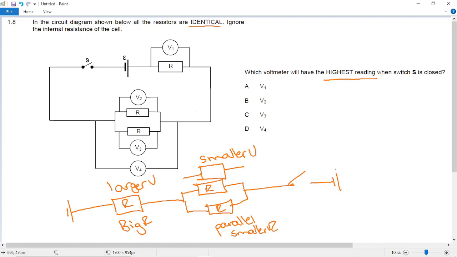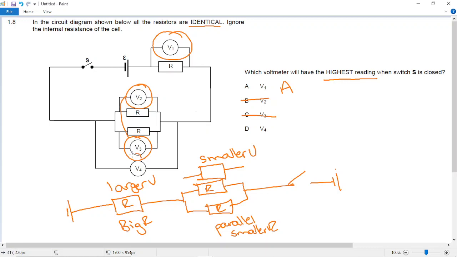So what will happen here? We want the highest reading. The highest reading is going to be on voltmeter 1, this one over here, which is A. Also remember, voltmeter 2 and voltmeter 3 will have the same reading because the voltage in a parallel circuit is the same.